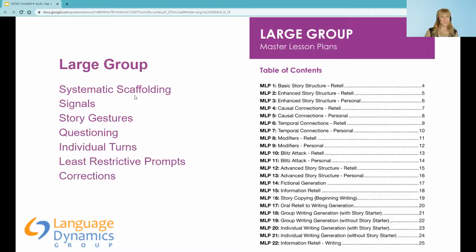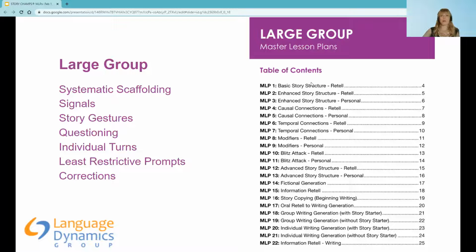Story gestures, so I'll go over that. And then questioning, so asking WH questions as a prompt during a story retell. Then having students take individual turns, but we use peer tutoring for that, evidence-based practice, and then least restrictive prompts and correction procedures. So we'll go through that too.